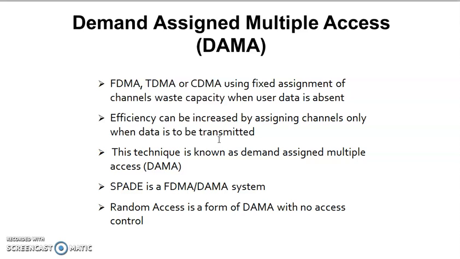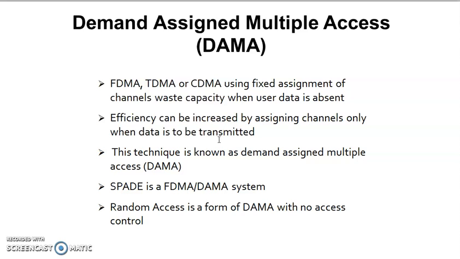A multiple access method which assigns a channel to the user only when data is to be transmitted gives more efficient channel utilization, and that technique is called the demand assignment multiple access technique.